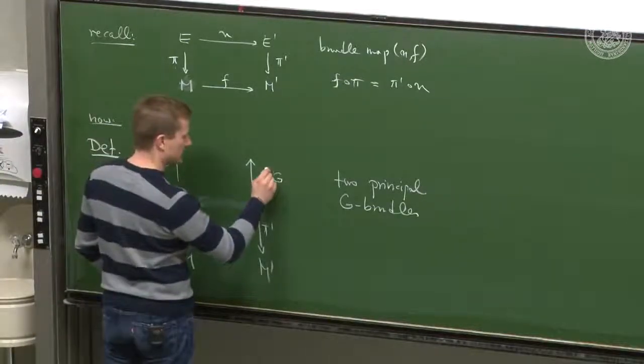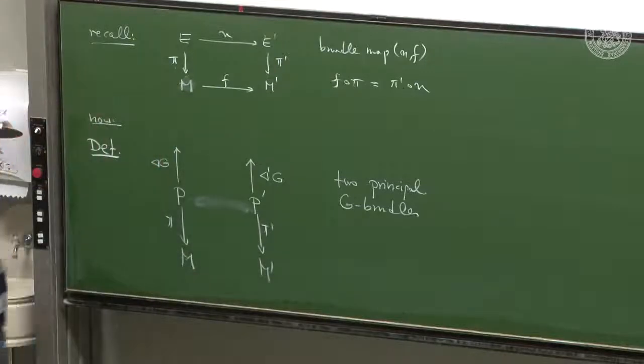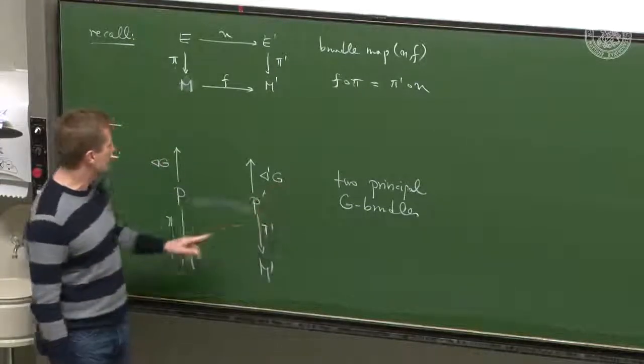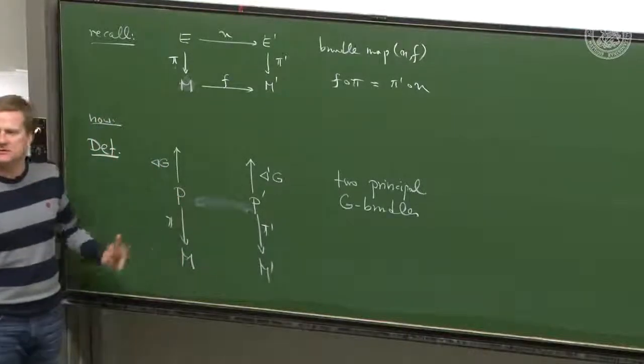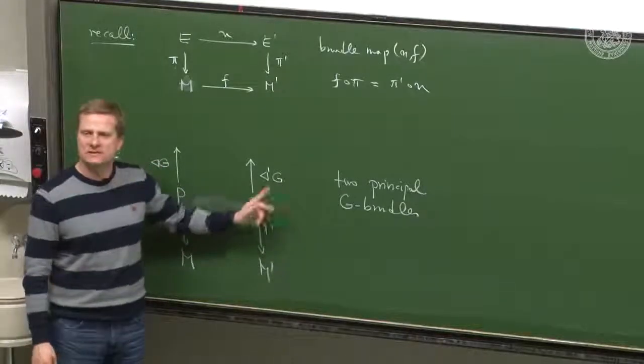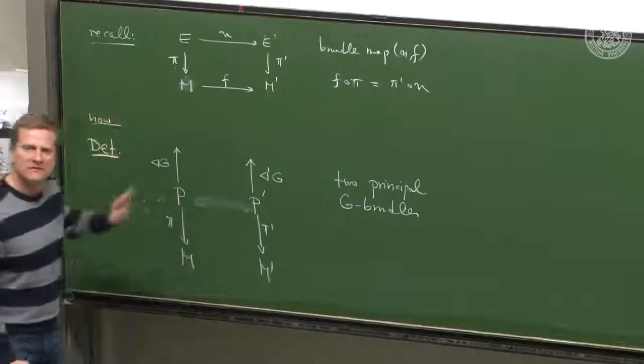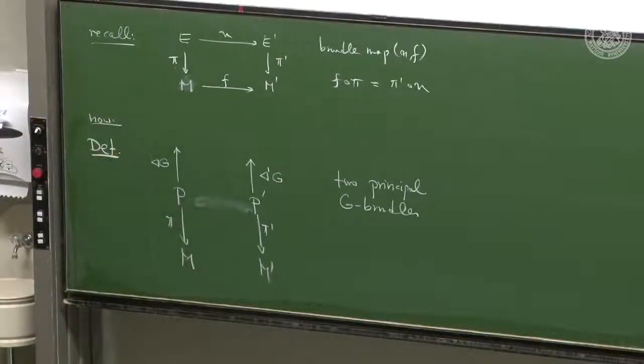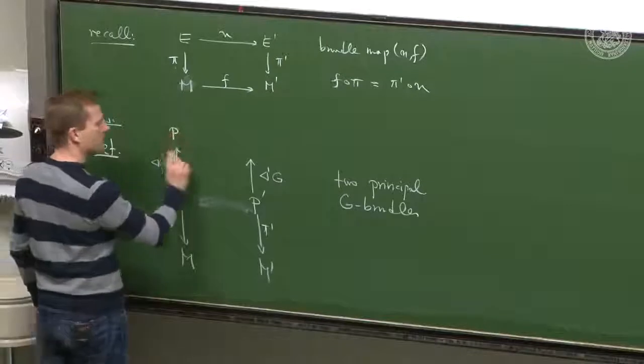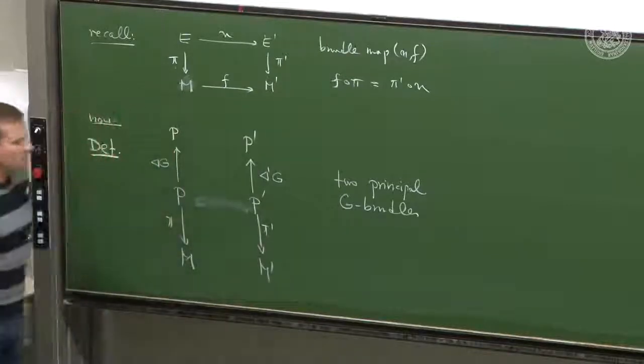For instance, this here is also the primed action, because the group may act on this total space entirely differently from how it acts on this total space. We, however, want to assume that it's the same group acting. But even that needs to be generalized, but let's do it this way. And of course, it then takes you from P to P and from P prime to P prime.